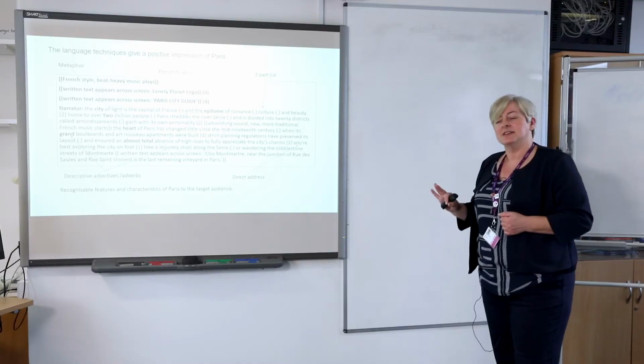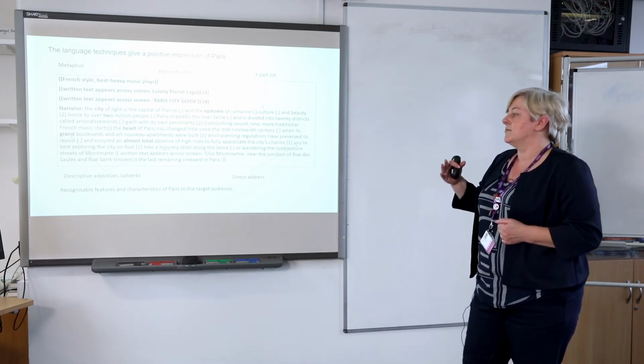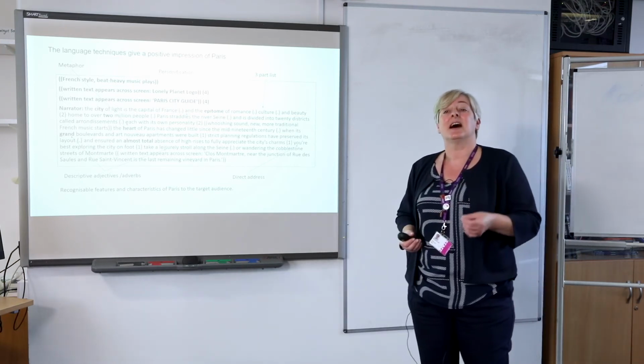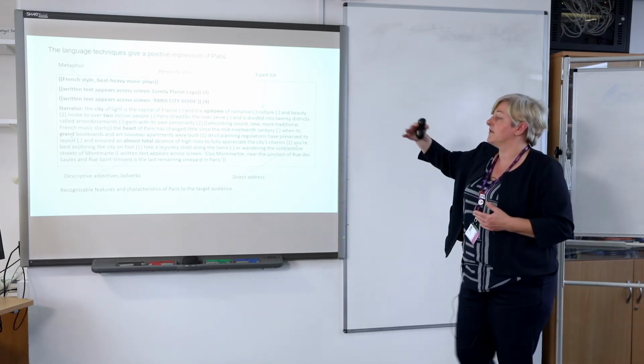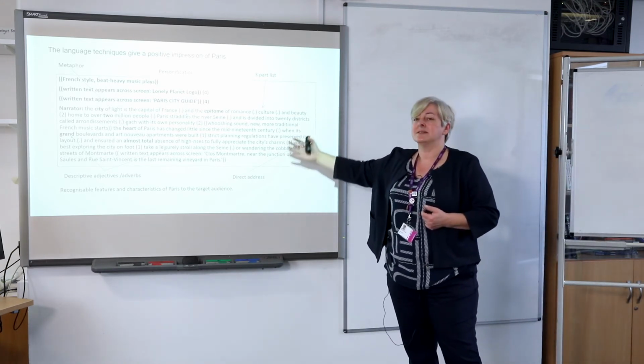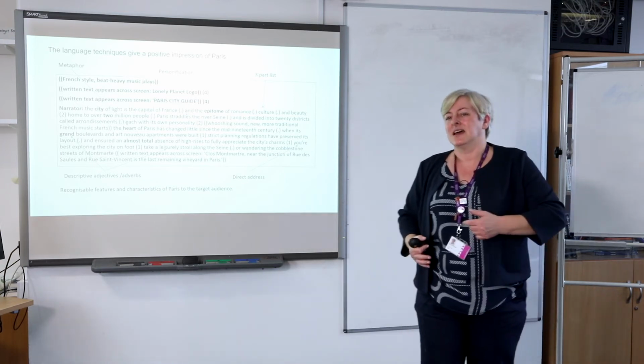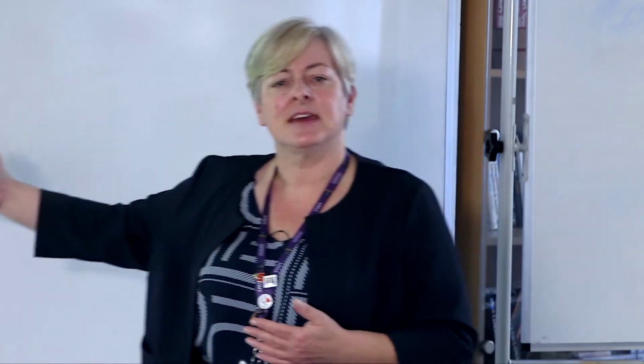These are recognisable features, recognisable characteristics to the target audience. And because of the way that this is put, because of the fact that we're talking about romance, well, this target audience isn't going to be young children. Okay, because they're talking about this fantastic architecture, things like the grand boulevards, and it's talking about leisurely strolls along the Seine.